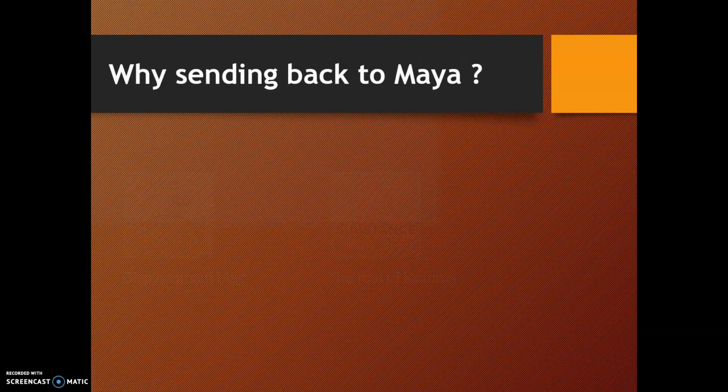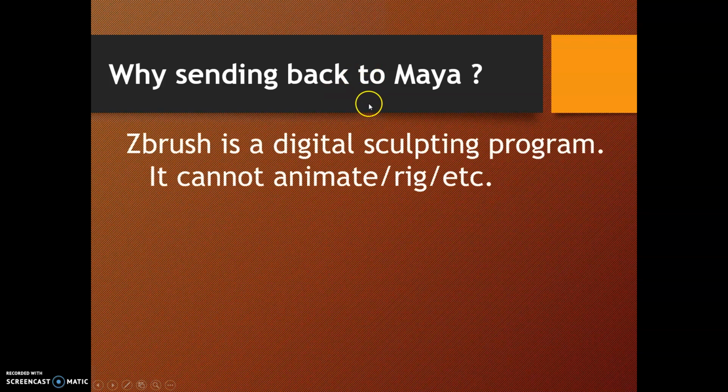Now, why do we need to send things back to Maya? Because ZBrush is a digital sculpting software and it cannot animate or rig. So there are limitations. If you want to send this to a game engine, you have to send it back to Maya to do the proper cleanup and technical necessities.